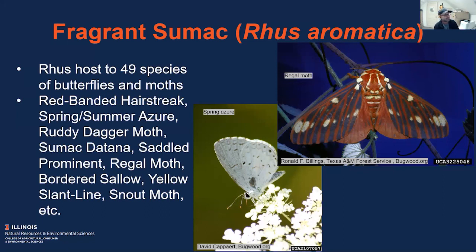So it may not be that they're using a particular species, but they're using some of the species within that genus for sure. Just want to make that distinction. So a couple of the interesting insects here include the spring azure that's pictured, and then the regal moth, which is quite regal to be sure.